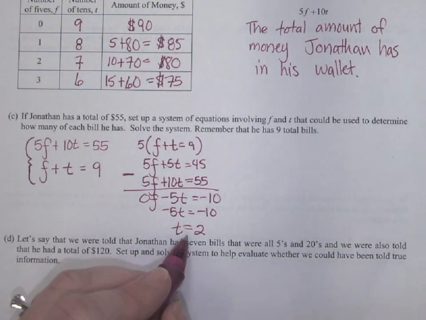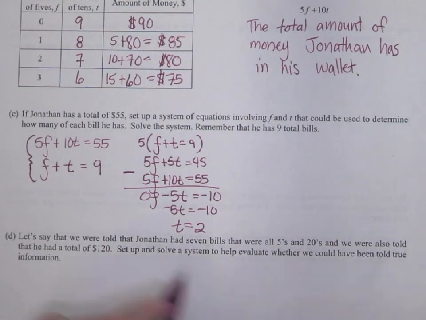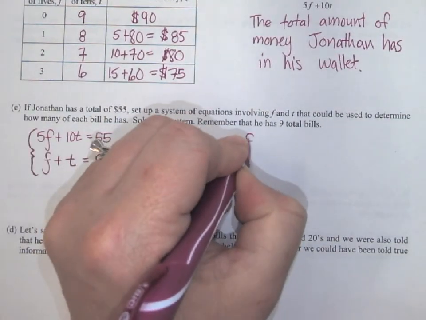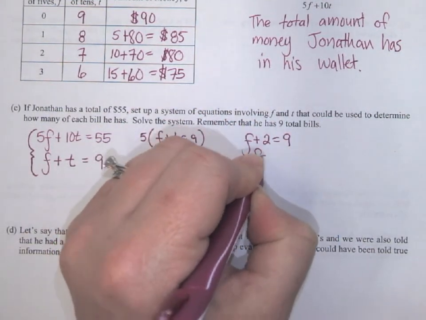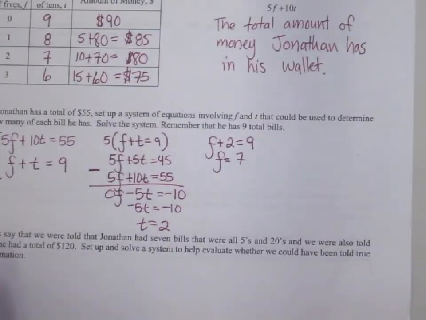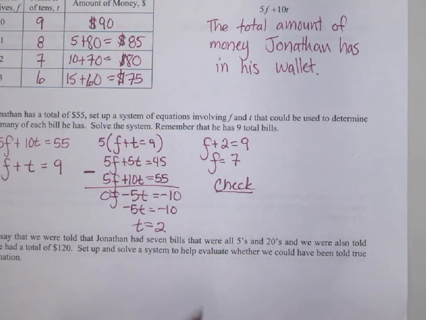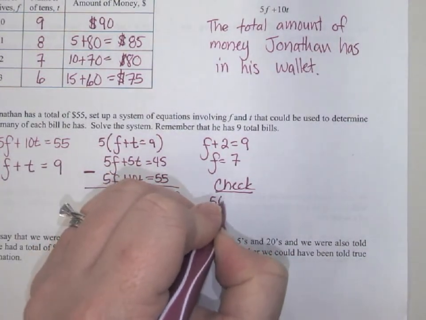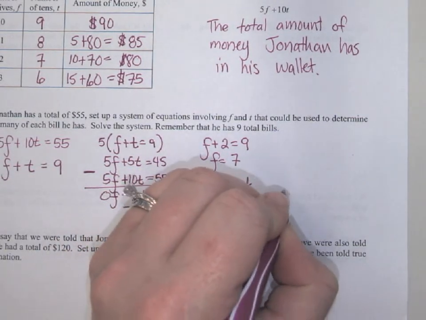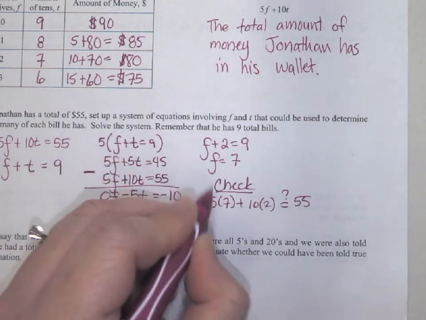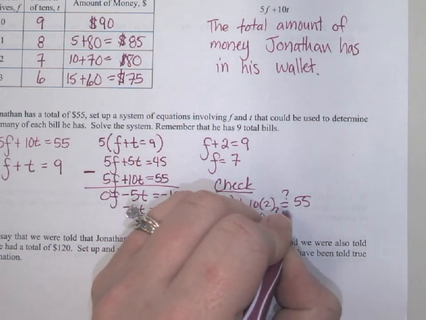So now let's see, does it work? So now I'm going to actually use my second equation because it's easier to use. So here, if t is 2, then f must be 7. And now I'm going to check. Does it work? So 5 times 7 plus 10 times 2 is 35 plus 20.